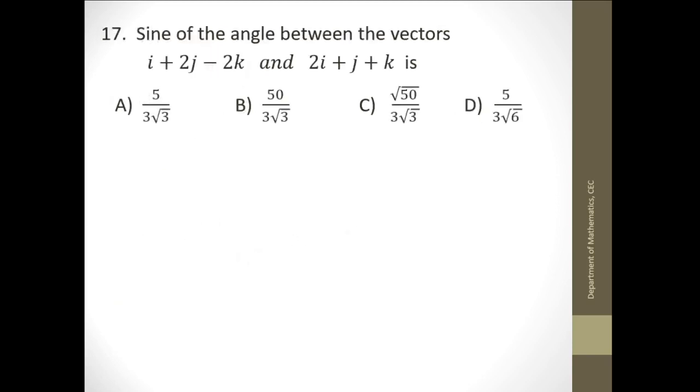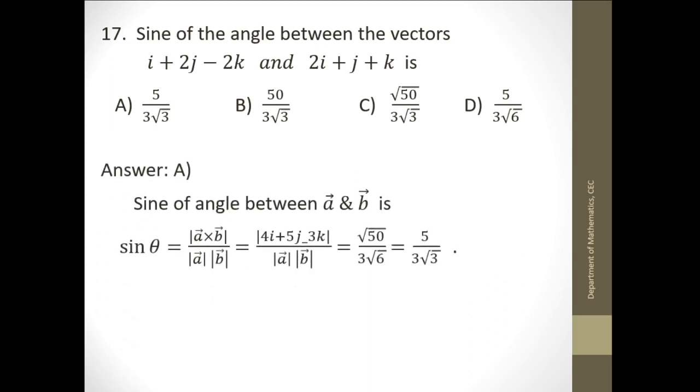Next question. Sine of the angle between the vectors. To find the sine of the angle between the vectors, first find A cross B. A cross B means the determinant with I, J, K, 1, 2, minus 2, 2, 1, 1. A cross B is 4I plus 5J minus 3K. Its magnitude is square root of 4 square plus 5 square plus 3 square. So 16 plus 9 is 25, 25 plus 25, 50.